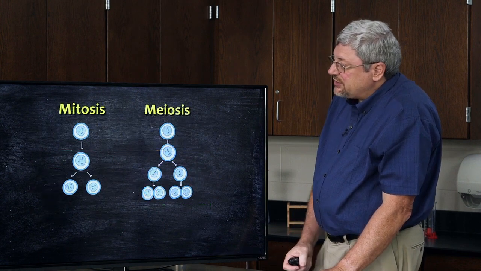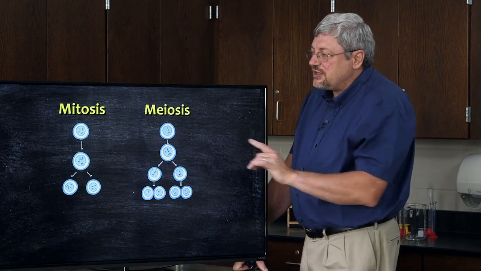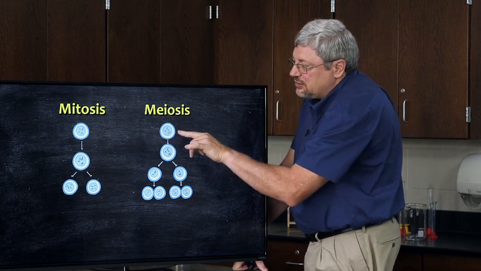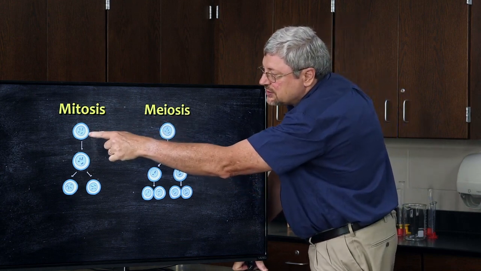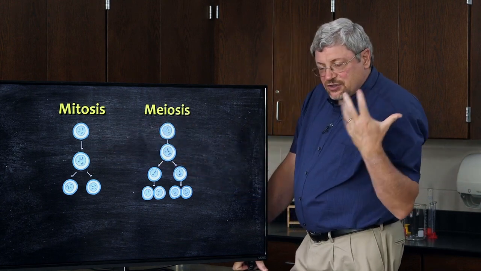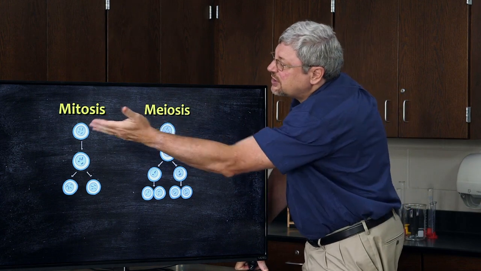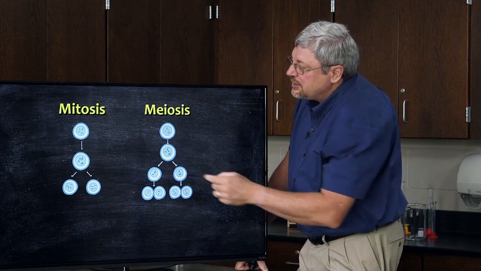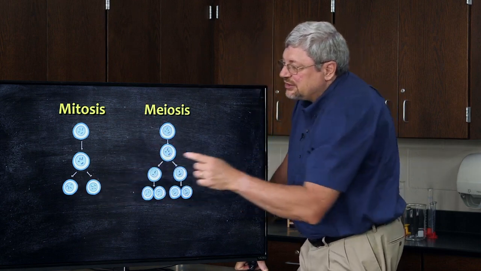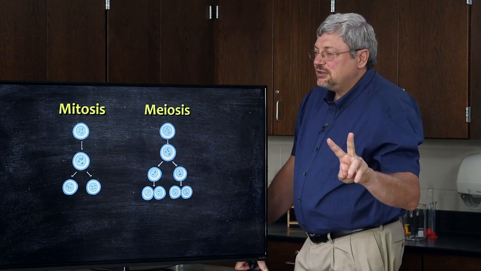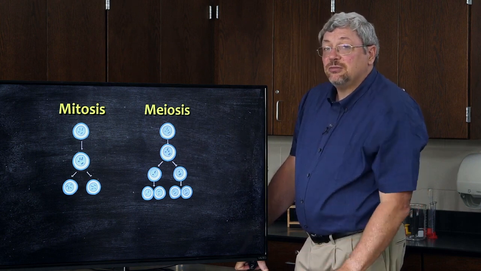So looking at this, comparing these two processes, mitosis and meiosis: mitosis starts with a certain number of chromosomes. Let's say in this diagram it starts with 4 chromosomes. At the end of the process, there are 2 cells, each with 4 chromosomes.